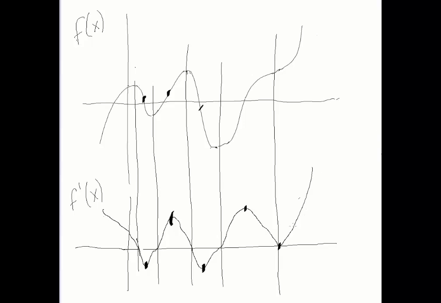When slope's increasing, we have concave up. There's concave up here, increasing slope. Decreasing slope, concave down in this stretch. Concave up, we've got increasing slope, decreasing slope, concave down.